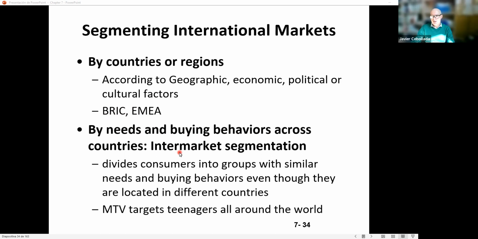Okay, so there can be a segment of consumers belonging to two different countries, because these consumers are quite similar, even though they belong to two different countries. For example, MTV targets teenagers all around the world with the same TV shows.